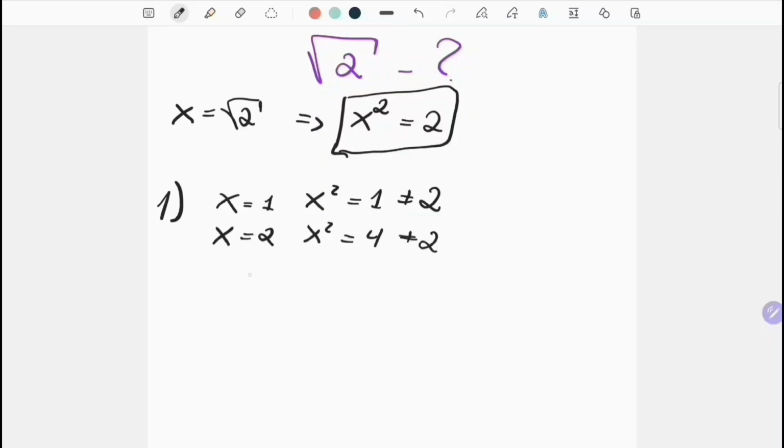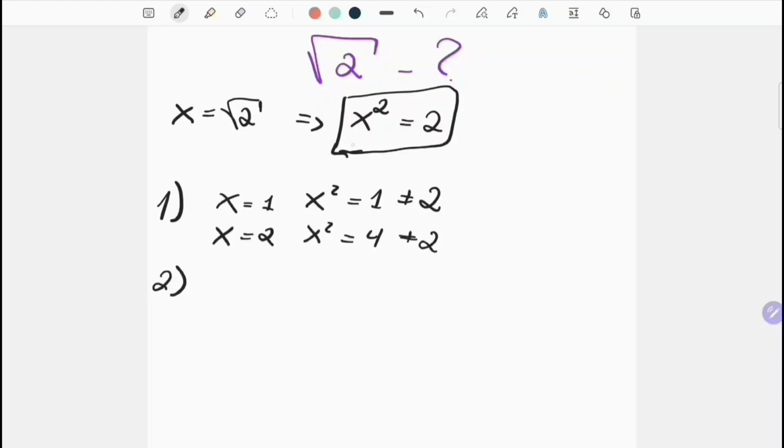And for the next integer numbers, 3, 4, etc., their squares would be even higher numbers and not equal to 2. Therefore, we conclude that this equation has no integer number solution.